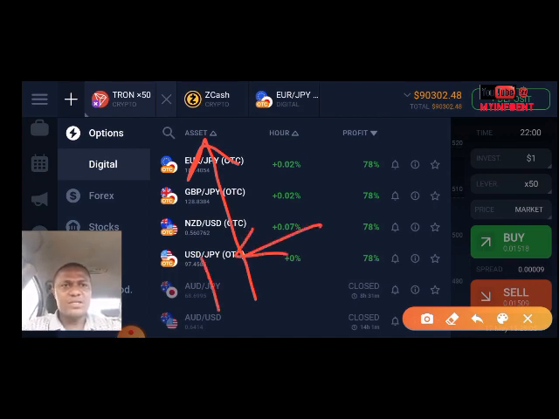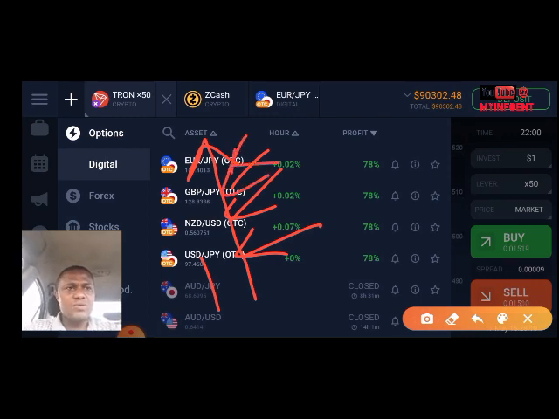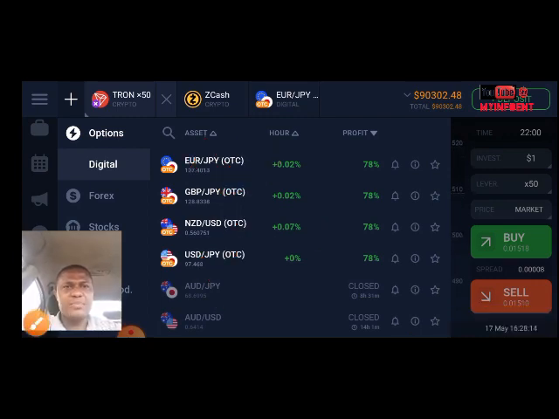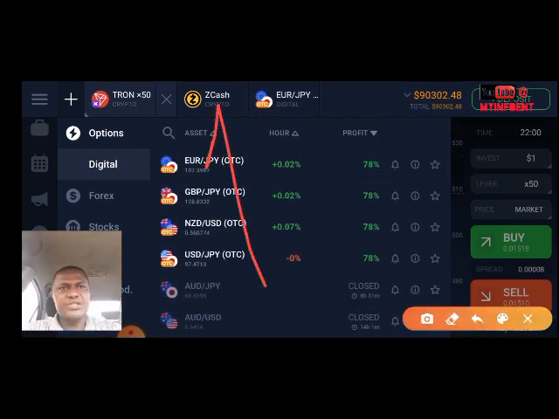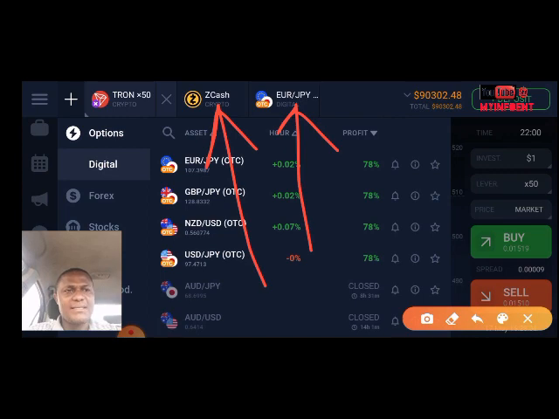So that is an example of an asset. It can be a currency pair, it can be a stock, it can be a cryptocurrency. As you can see here, you can see Zcash here. So all those ones, Euro, Japanese, are called assets.